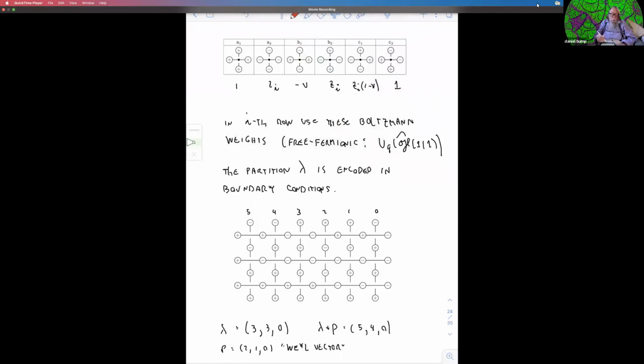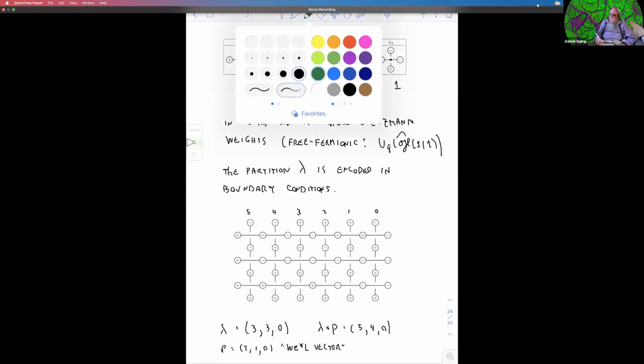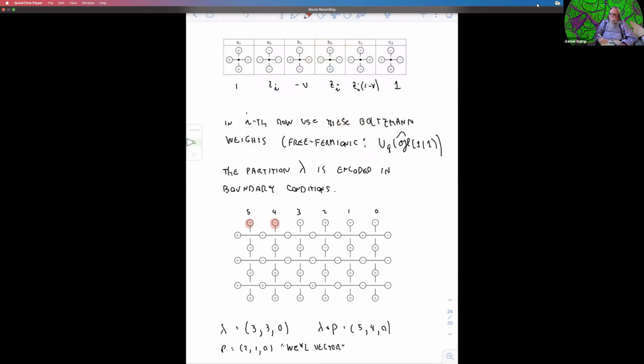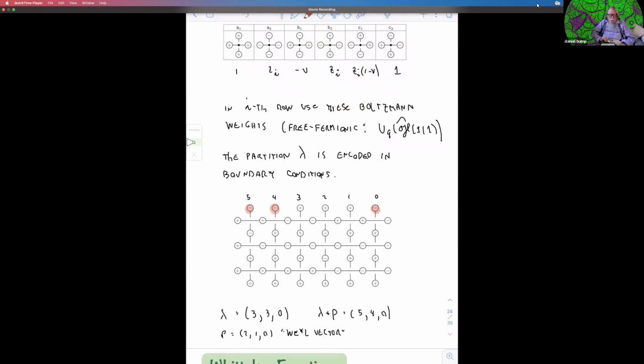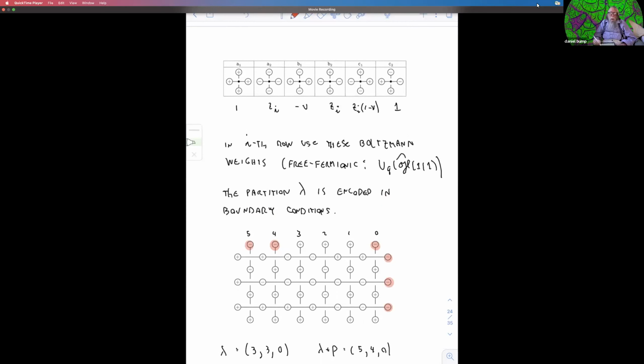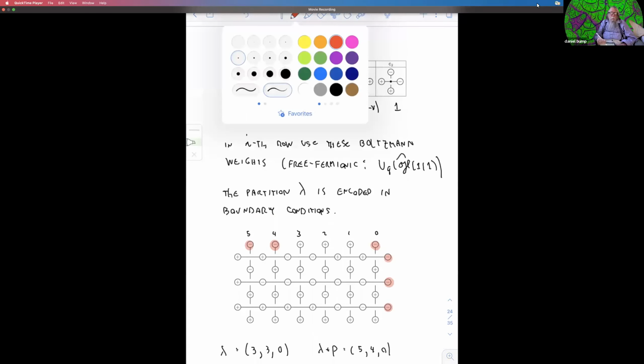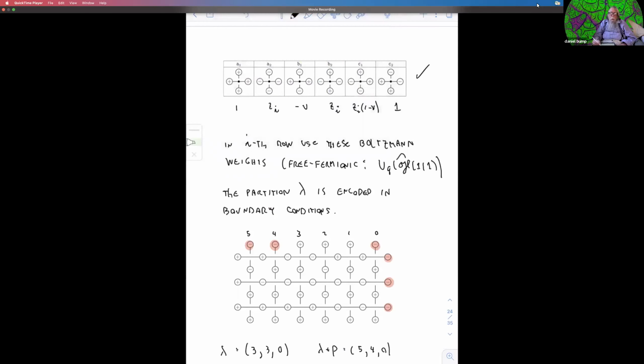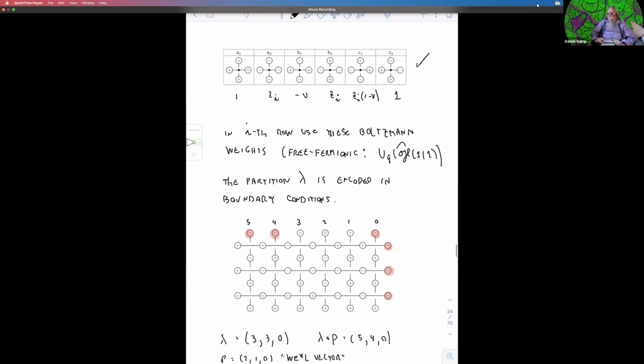There's going to be some minus signs up here, and those control the partition lambda. In this example, the partition lambda is 330. We're going to add 210 to make those values distinct, and then we're going to put minus signs in there, and we'll put more minus signs on the right edge. And then the claim is that if we use these Boltzmann weights, which are related to this Lie superalgebra, the partition function is equal to what I said that it was.